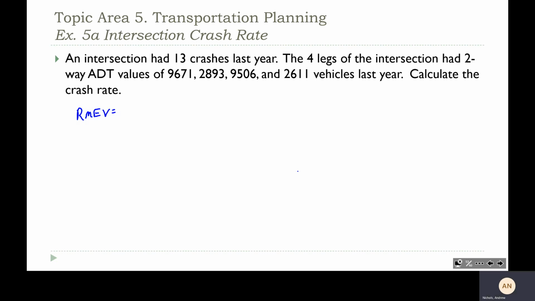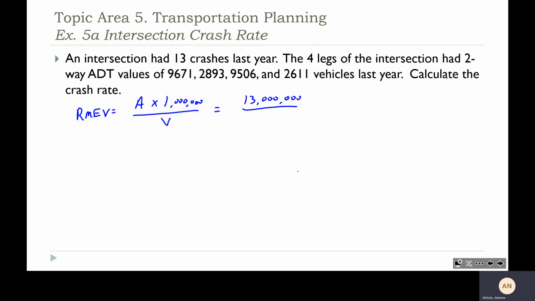And the RMEV is equal to A times 1 million over V. A is the number of crashes in a single year at the location. So we were given that. So we essentially have 13 million on the top. V is the ADT times 365.